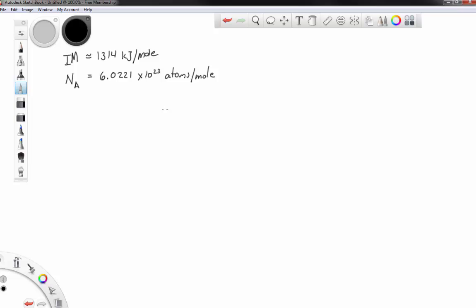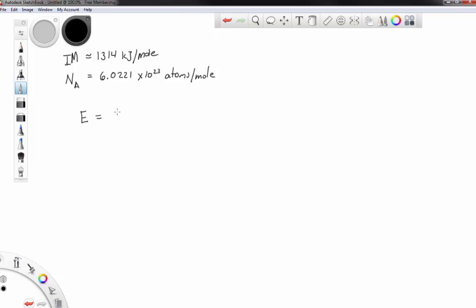Alright, so simple dimensional analysis can be used here again to get the equation that's needed. So the energy in this case is going to be whatever combination of these two we can do to eliminate moles and end up with joules and atoms.